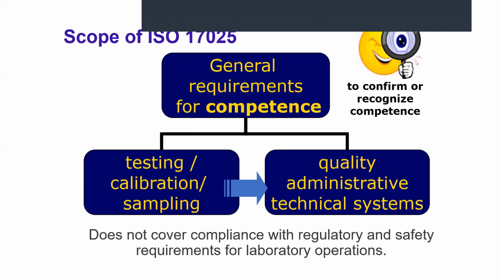It includes testing, calibration, sampling, and quality, administrative and technical systems. It does not cover compliance with regulatory and safety requirements of laboratory operations. So it's basically the competence that you have in your lab about testing, calibration, sampling, and the quality, administrative and technical systems that you have in your lab.